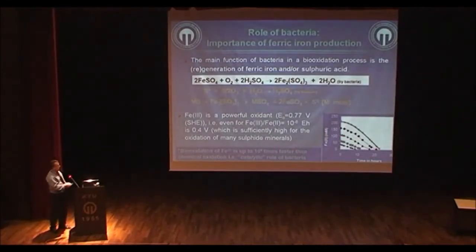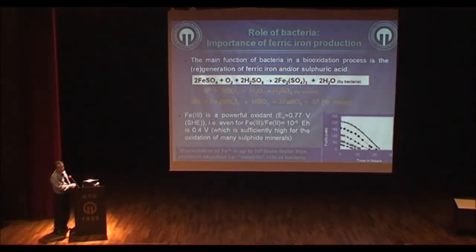So, what's the role of bacteria? The main characteristic of these bacteria is their ability to utilize ferrous iron, in other words, converting ferrous iron to ferric iron and elemental sulfur to sulfuric acid. This is the primary role in the biooxidation or bioleaching processes.